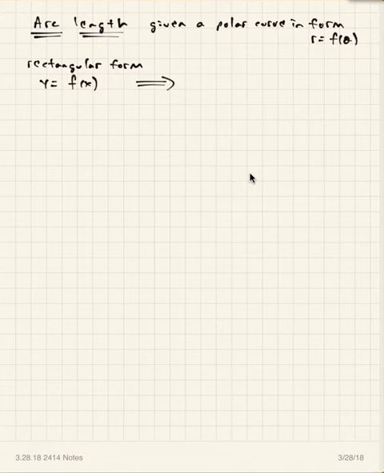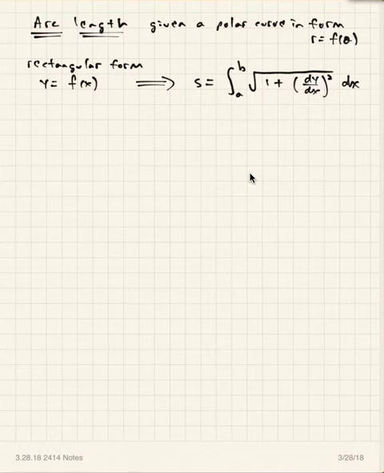Then the arc length integral is the integral from a to b of the square root of 1 plus the square of dy dx. That's if y is a function of x. And if x is a function of y, you just change up the derivative so that it's with respect to y. So that's the rectangular form for arc length. And then we have the parametric form, which we've also talked about.